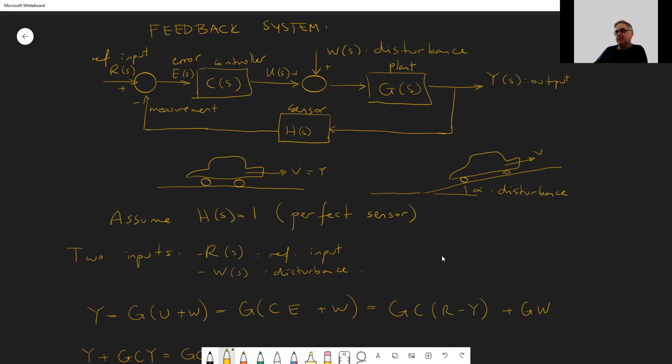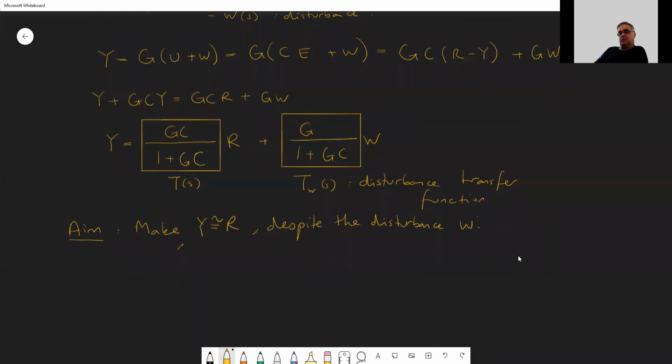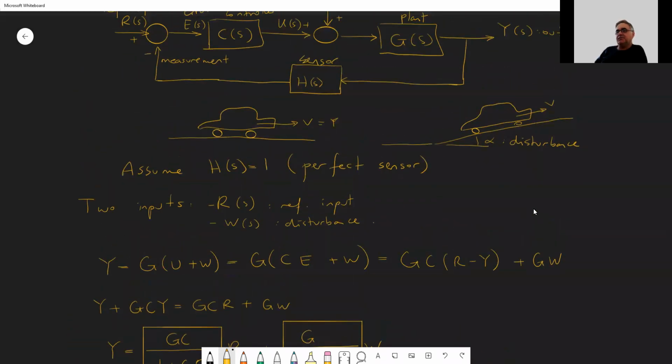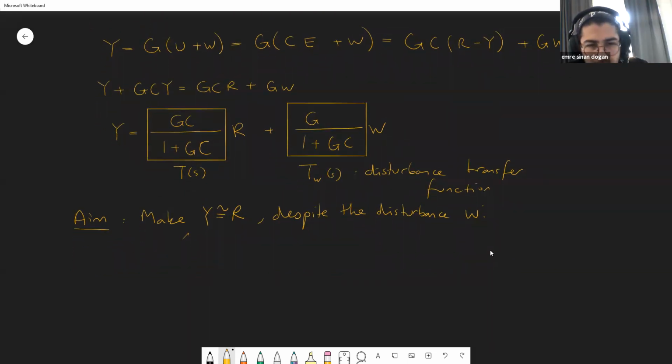That's how we do things, but we do it automatically. The sensor feels that the speed of the car decreases, and therefore it increases the fuel rate to the car, for example.